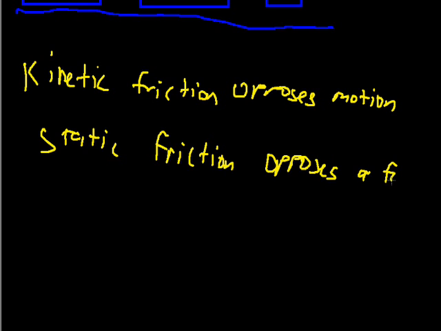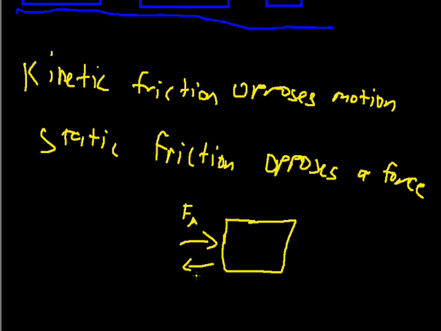So if we have an object and there's a force acting this way, the static friction, that's force applied, the force of the static friction is going to be this way. However, if the object is moving this way with x meters per second, then the kinetic friction is going to be acting this way.